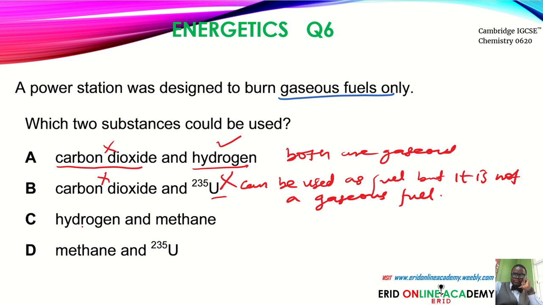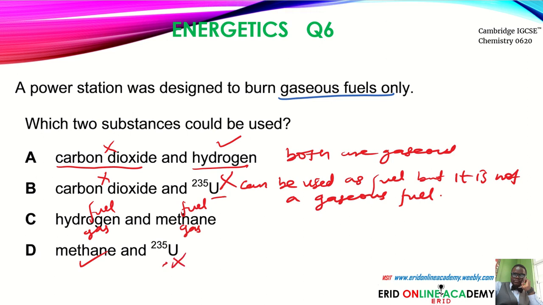Hydrogen is a gas. Methane is also a gas, and hydrogen is a fuel. Methane is also used as fuel. So C looks like the best option here, but let's consider D too to be sure. Methane here is just the same.